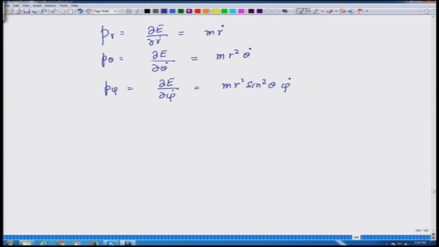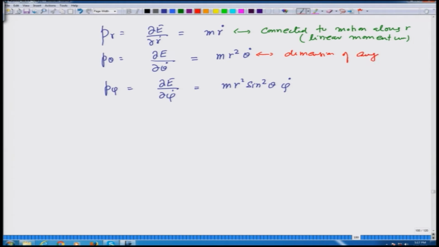And what are these? This you can see is connected to motion along r and has the dimension of linear momentum. The second one has the dimension of angular momentum.